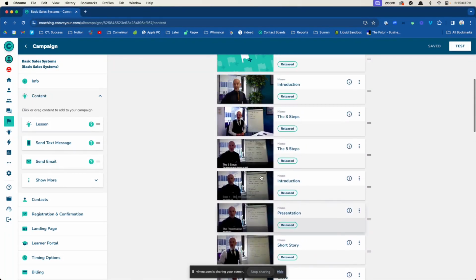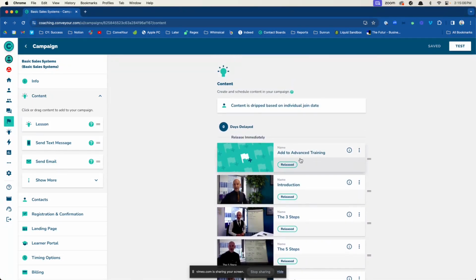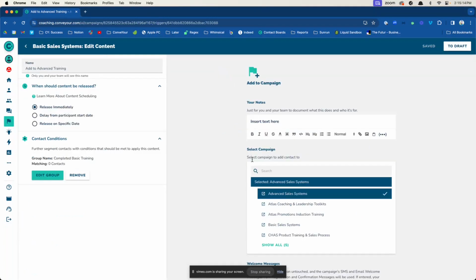What this add to advanced training is doing, as is the case with all the other add to another campaign steps, is waiting for the completion of the last lesson. Notice here it says completed basic training, the group name. If we were to open this up, you would see that it is searching for people who have completed the last lesson.